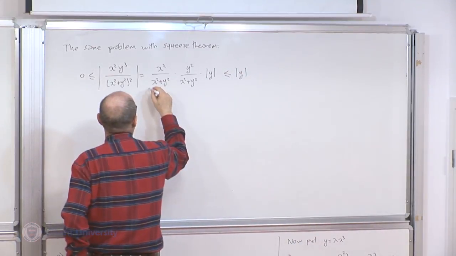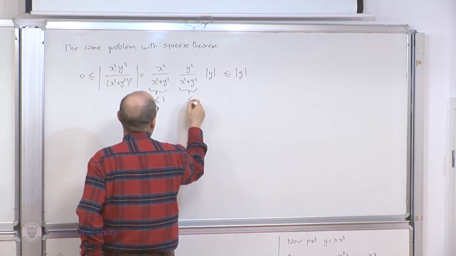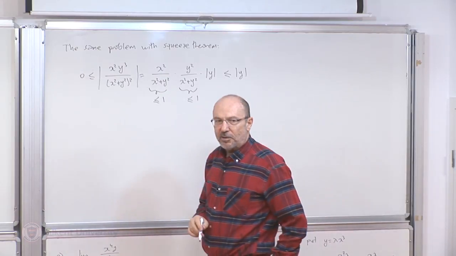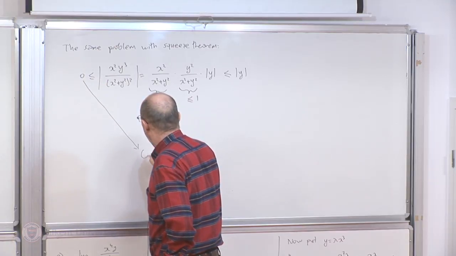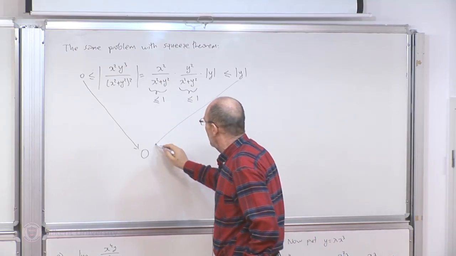Let me remind ourselves that this is less than or equal to 1, and this is less than or equal to 1. So now the squeeze theorem says that as x, y goes to 0, this is constant. It doesn't look at anything. And as x, y goes to 0, this goes to 0.